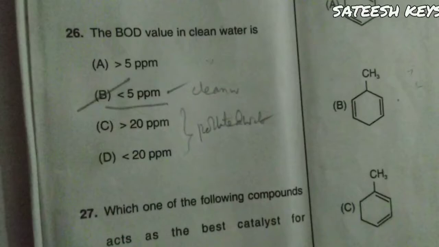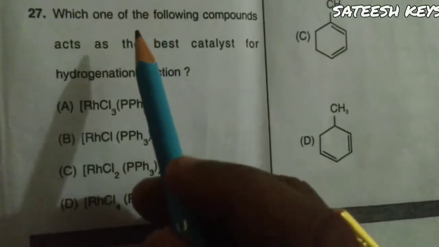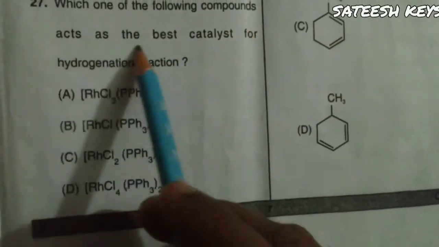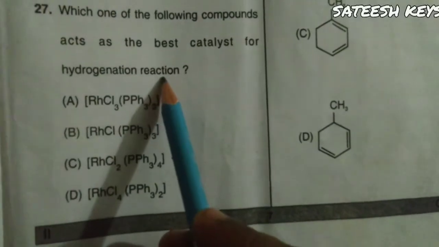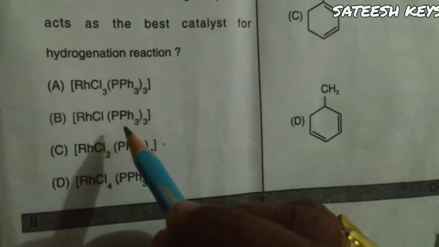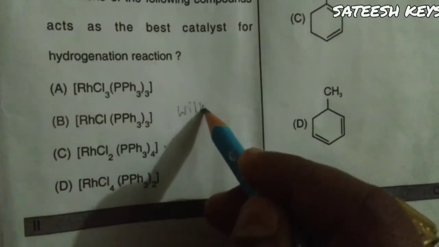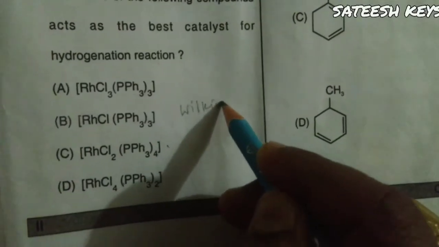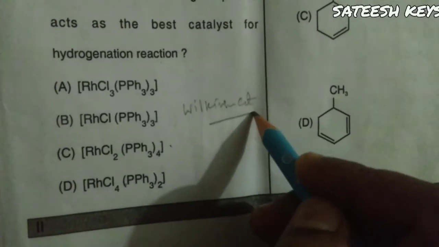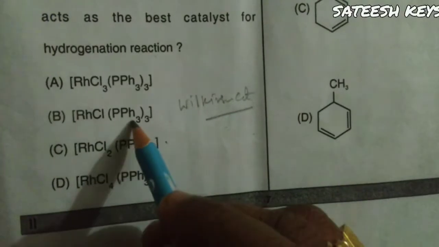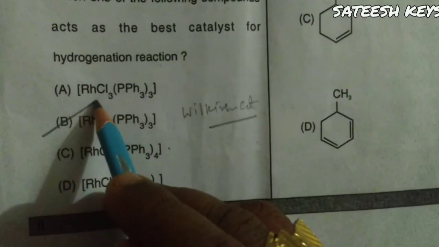So option B is the correct answer. The next one: which of the following compounds acts as the best hydrogenation catalyst? Wilkinson catalyst is a homogeneous catalyst. Tris(triphenylphosphine)rhodium chloride is the correct answer.